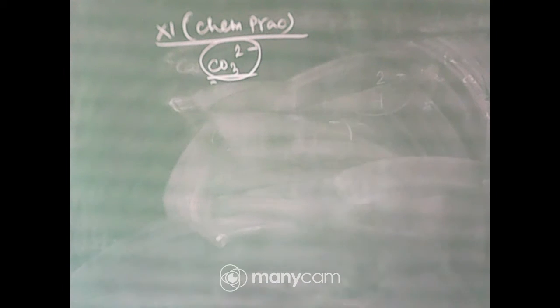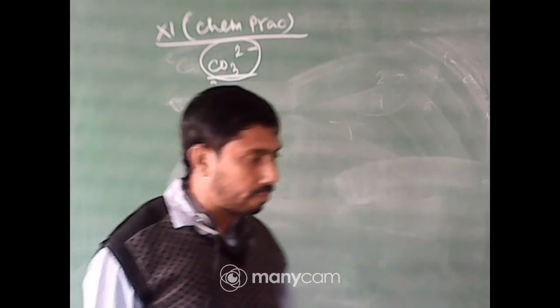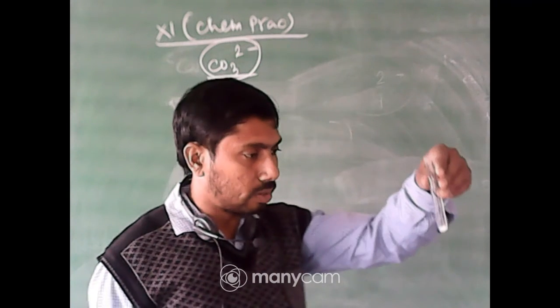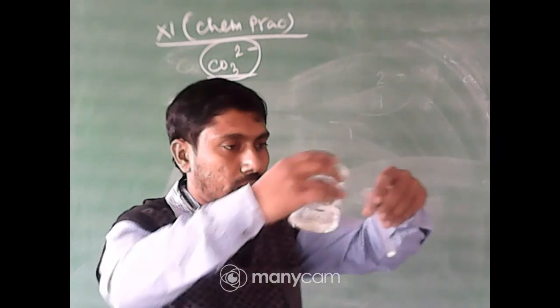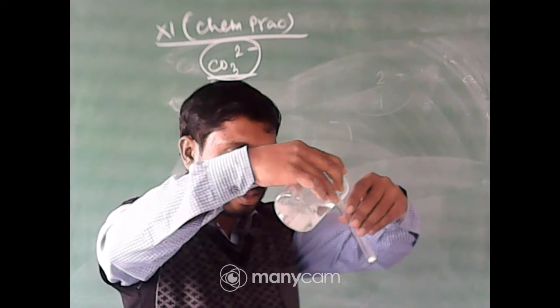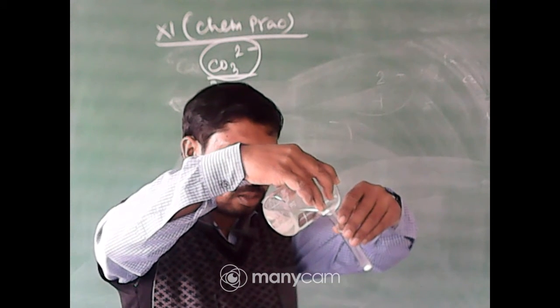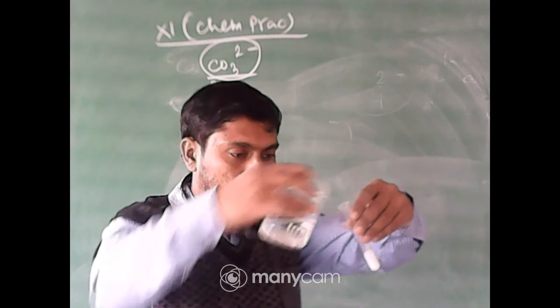Now, crystalline and amorphous are the two kinds of solid. Now look at that test tube, whether any kind of effervescence is coming or not. A solid sample is taken and the test tube is also dry. Now I am adding dilute acid.